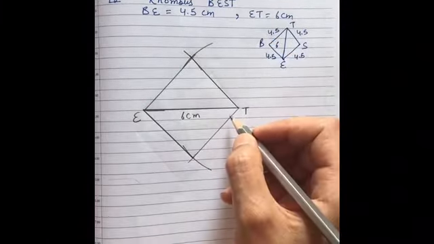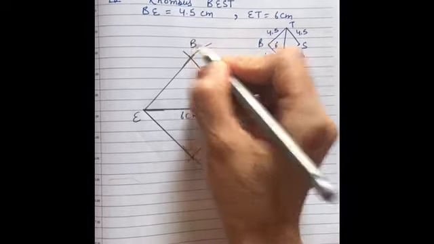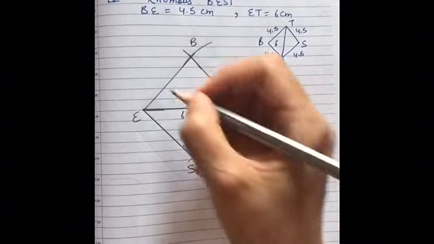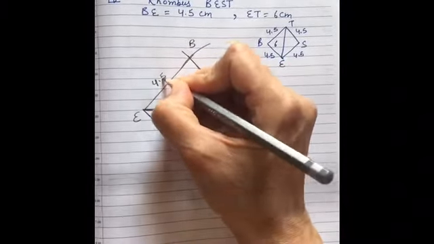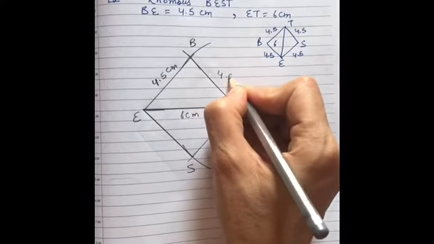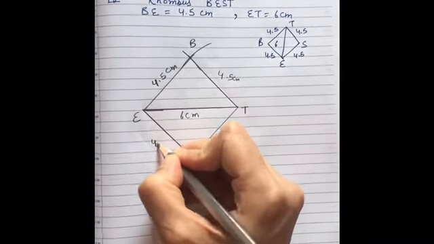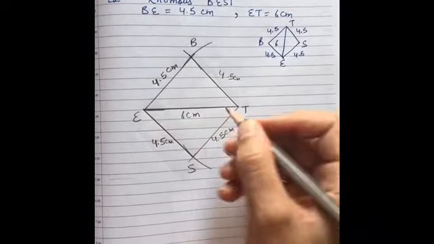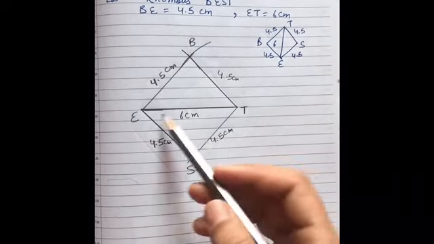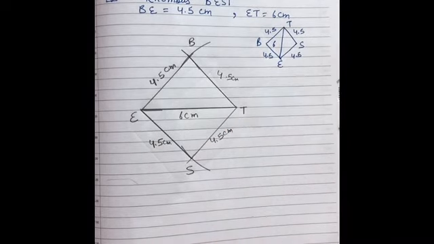So this is ET, and we have BEST. Fine. You can see all the sides of this rhombus are equal: 4.5 centimeter, 4.5 centimeter, 4.5 centimeter, and 4.5 centimeter. So first thing, you are going to make a rough sketch, and after that you are going to make your original quadrilateral.